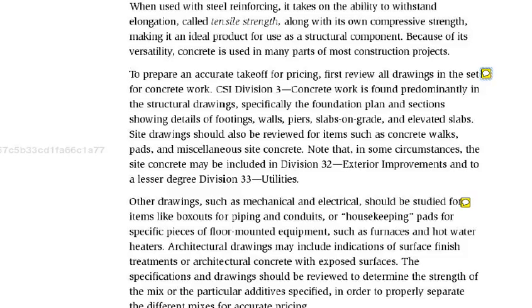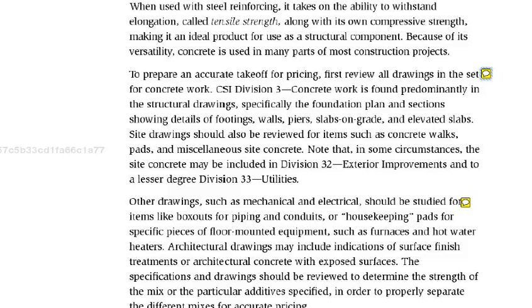Just as we've mentioned several times already, the most important thing when you're doing a takeoff and pricing for your concrete is to review all the drawings, and just like you should read the whole chapter, you need to read all the drawings, you need to read the technical specifications in the book, especially in the project specifications.